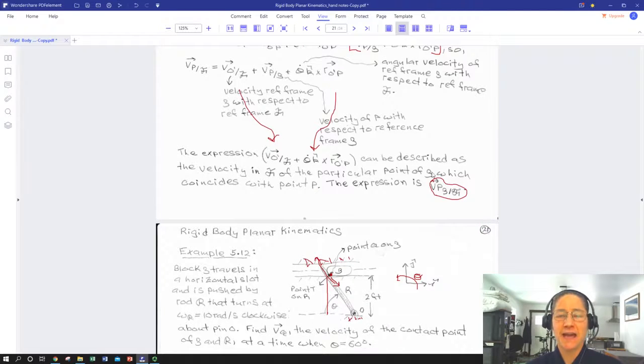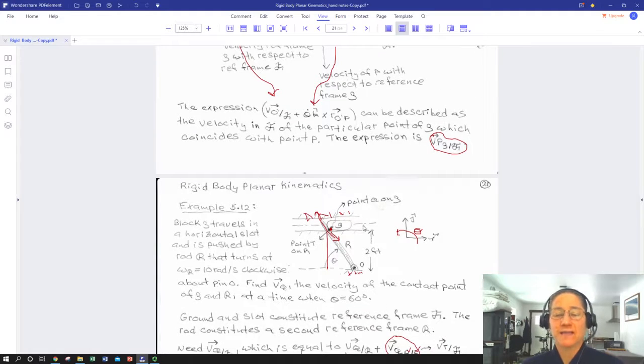And the key to that was this concept of the tagged motion of the moving reference frame. And so the velocity of our tag point in our moving reference frame from the point of view of our fixed reference frame.